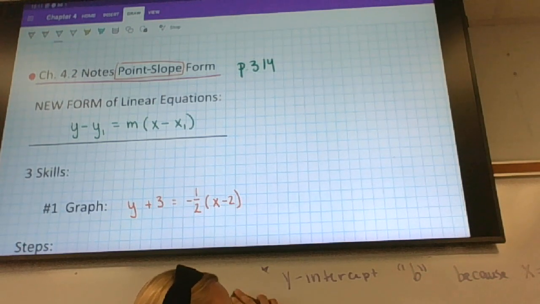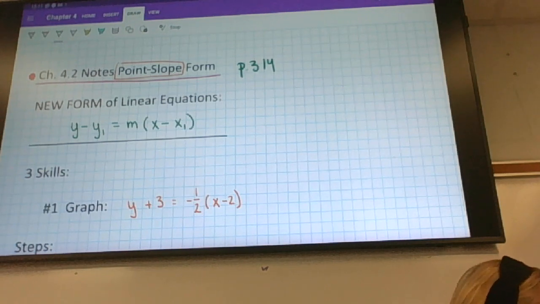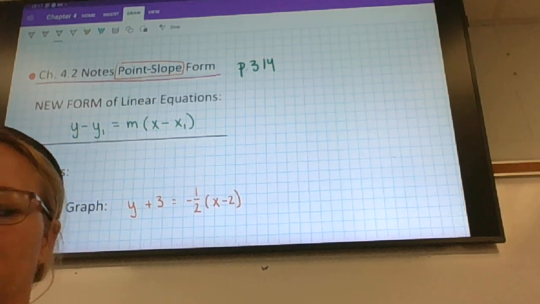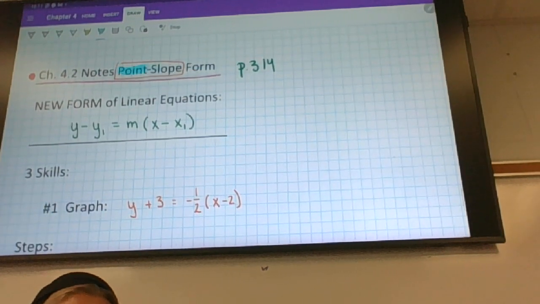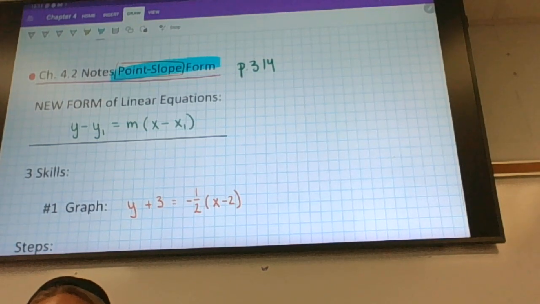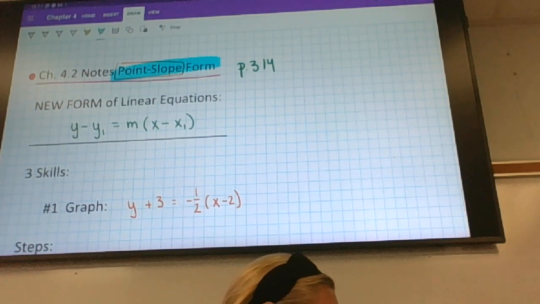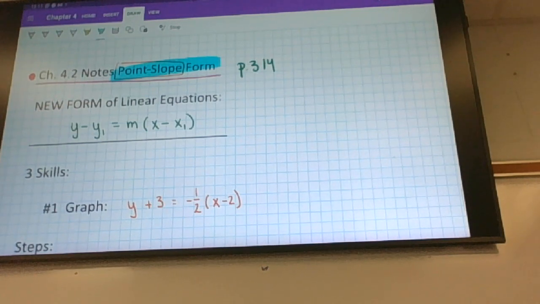So why do you think they would call this point slope? Melena? Why would they call it point slope form? Like that's the name of it. Some mathematician was like, you know what, I'm going to make this and I'm going to call it point slope form. Why did they call it point slope? Travis? It shows one point.